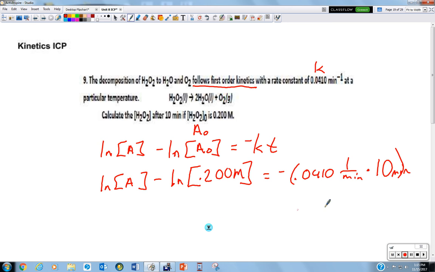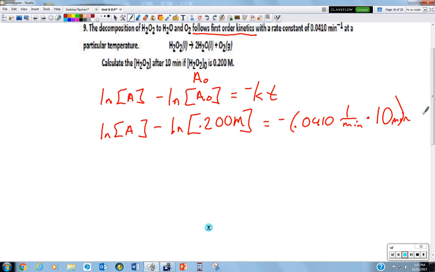Looking at this, the way I approached it is I solved this side first, and then added the ln of the original. So I basically had ln of A is equal to 0.410 plus my ln of 0.200.